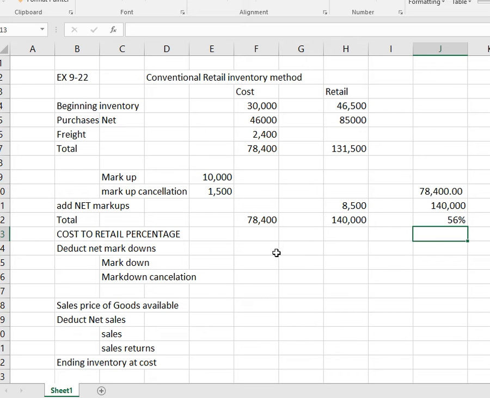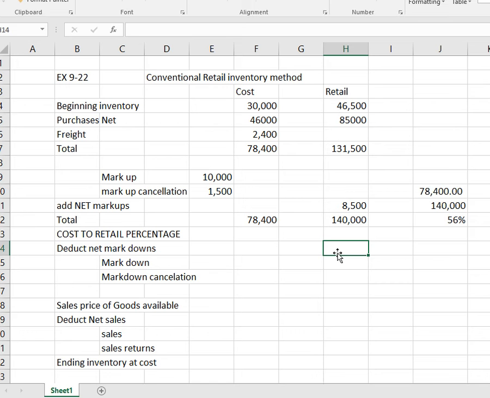So now we need to figure out how do we get to our ending inventory at retail, so we can times this amount over here to get our ending inventory at cost. So now we need to worry about these net markdowns because, okay, I've calculated a correct ratio that includes everything I wanted to include, but yes, I do have inventory that can't be sold at the full cost, so I needed to take account of those.